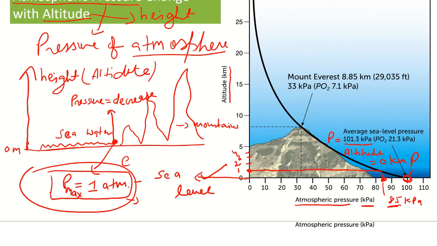If you are going to 4 kilometer, this is the pressure graph, and it is coming 60 kilopascal. At 8 kilometer, the pressure is coming near about 32 kilopascal.